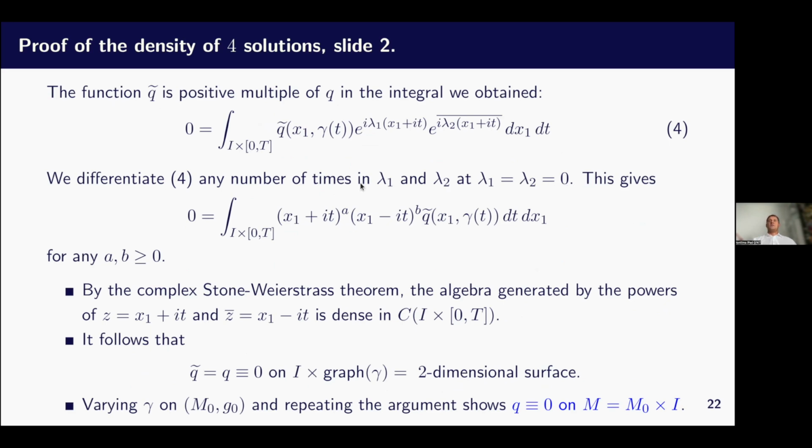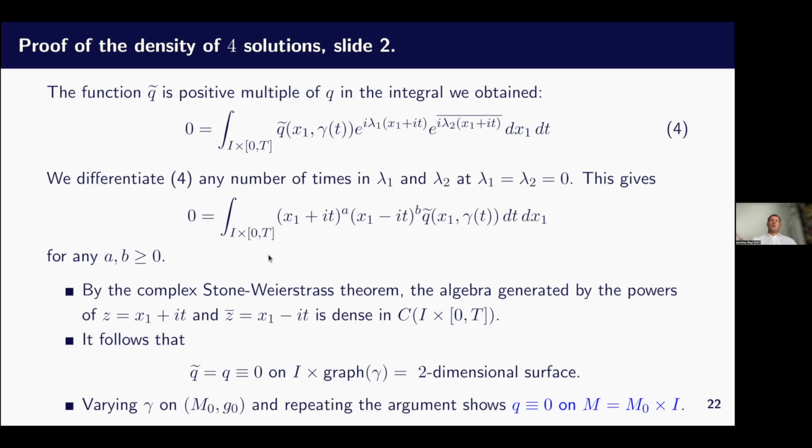This gives, see that this factor here in the exponent, it pops out to times a and b. So you get (x1 plus it) to the power a, (x1 minus it) to the power b, and the integral is against this q tilde at x1, gamma(t). And a and b are now arbitrary integers here.